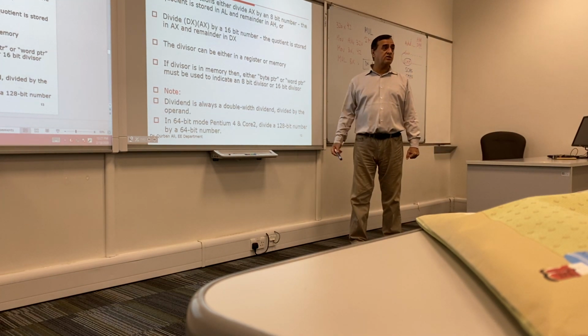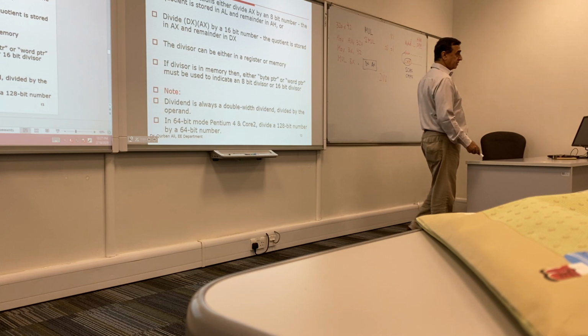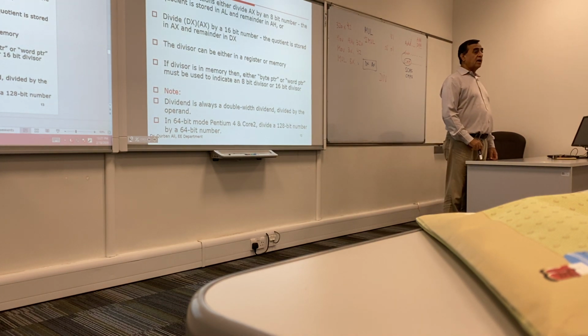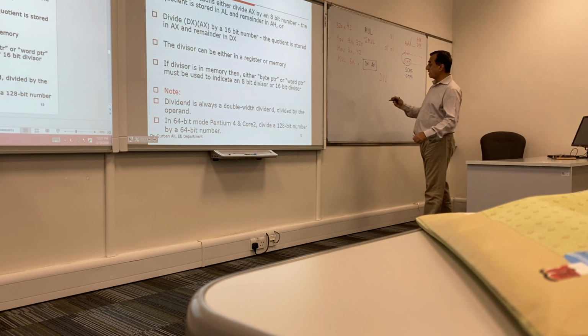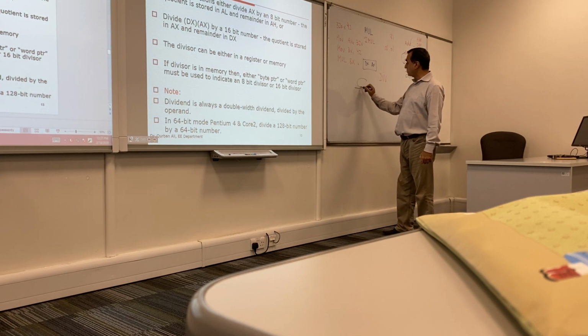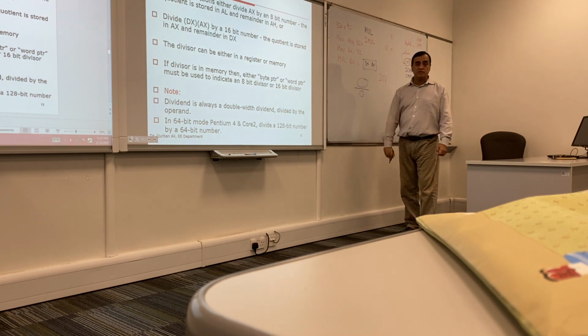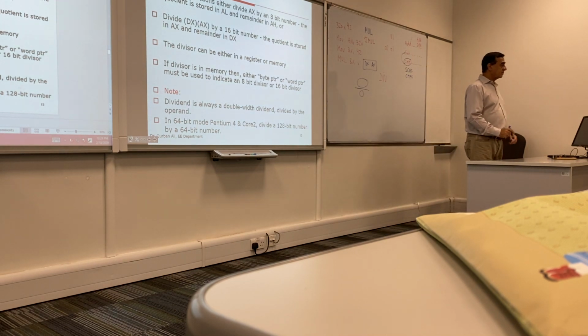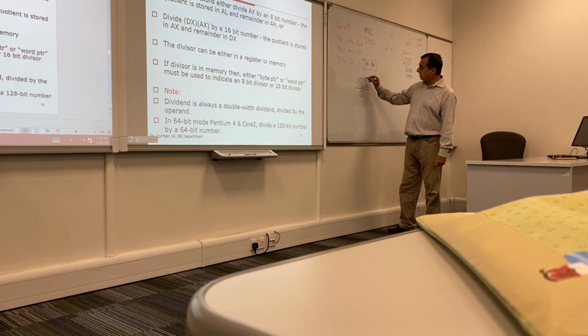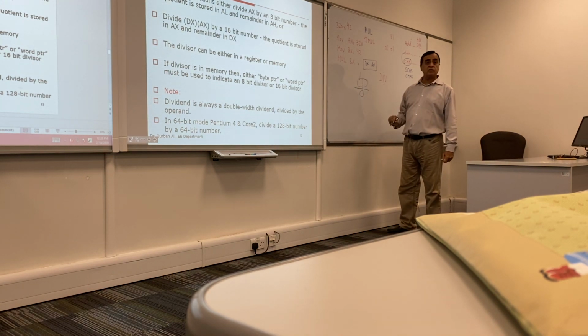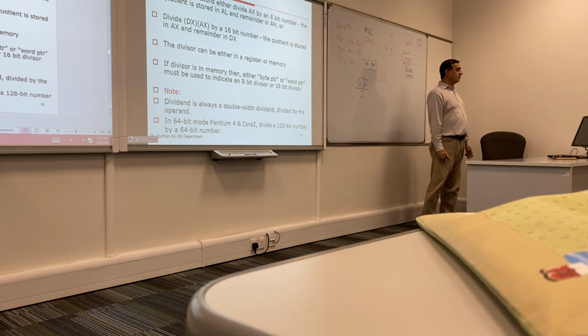Third one, since we need two answers, and we expect that the quotient, which is the divided answer, will be smaller, we want the numerator to be double the size of the denominator. Double size, so that when we get the answer, half of it is the quotient, and the other one is the remainder.